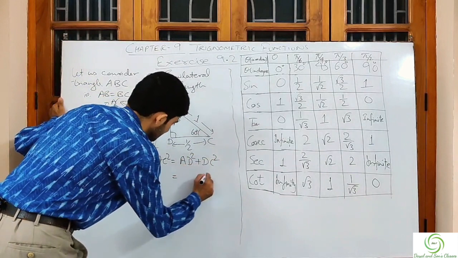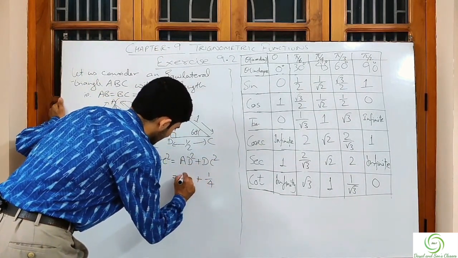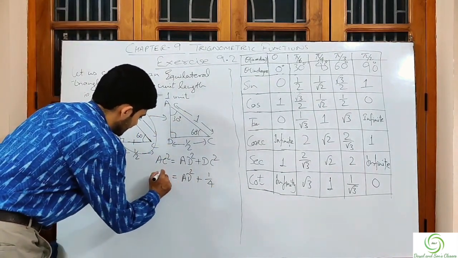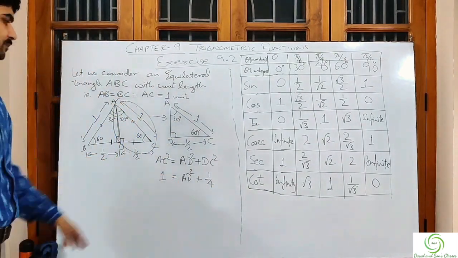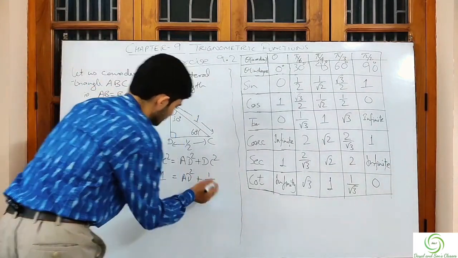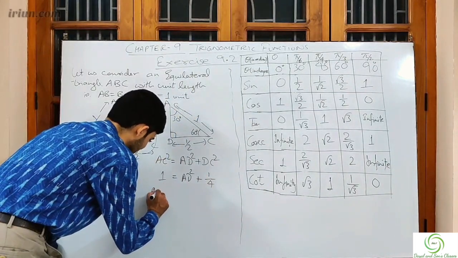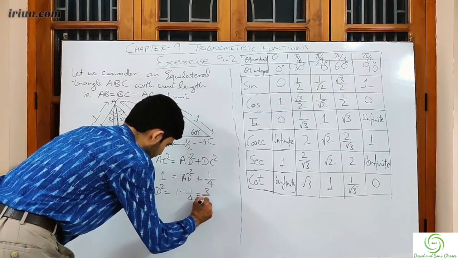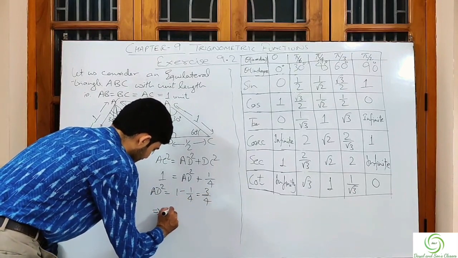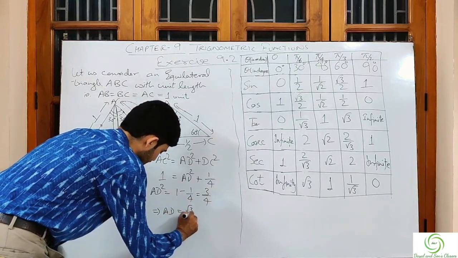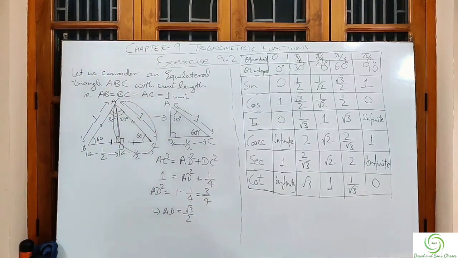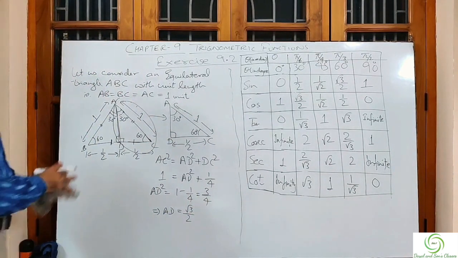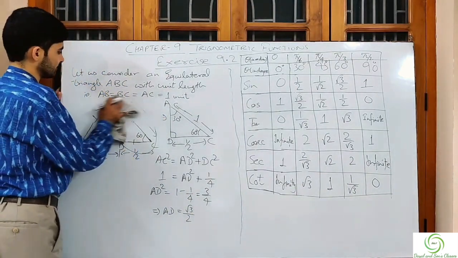DC square is 1 by 4 plus AD square, and AC is 1, so AC square will also be 1. Now what we'll do? Take 1 by 4 to this side, so we will get AD square is equal to 1 minus 1 by 4, that is equal to 3 by 4. This means AD will be equal to root 3 by 2. Therefore AD will be equal to root 3 by 2. That means, let me rub this part.